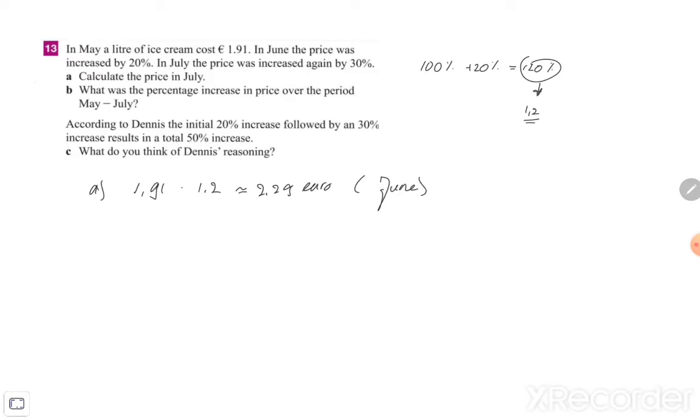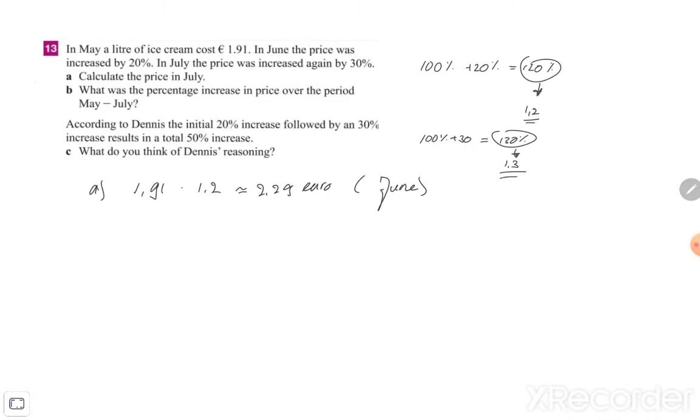If we look at what the price is in July, we do exactly the same, but now with 30%. So 100% plus 30% is together 130%, and as a decimal number that's 1.3.